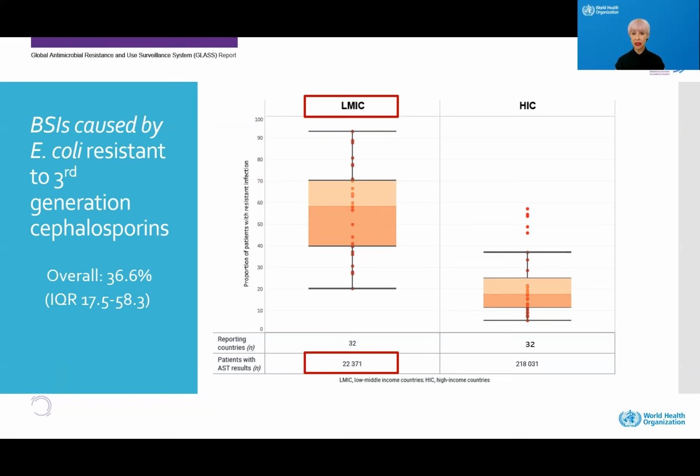And here we can see that there is a huge discrepancy in the number of tested patients between low and middle income countries and high income countries. Not only can that bias the data, but it also suggests a probably very different type of access to care in different income levels.